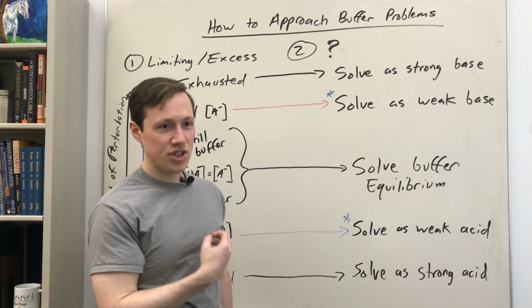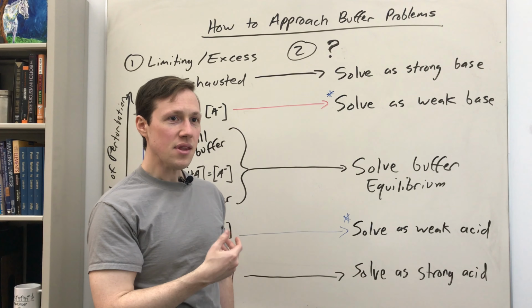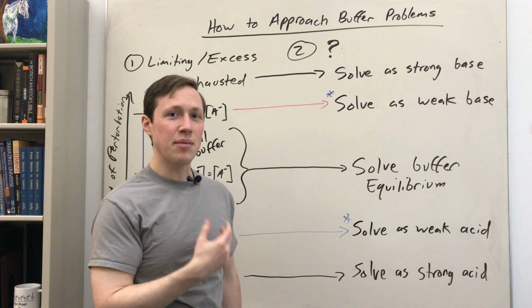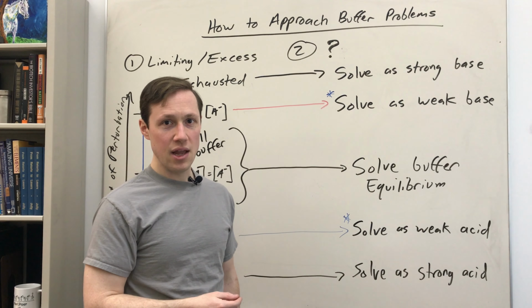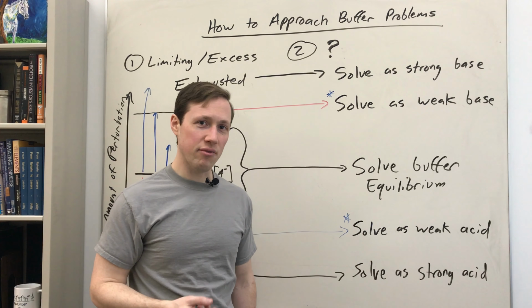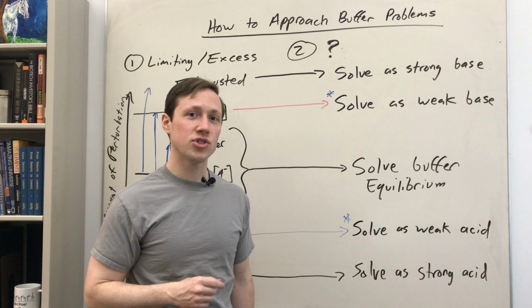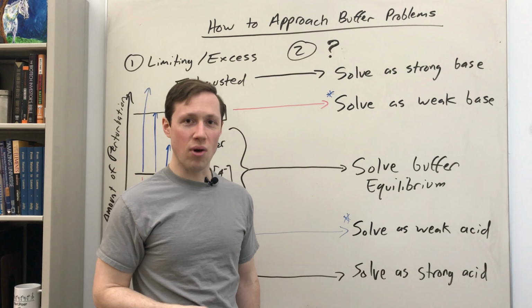However, the challenge that will occur then involves calculating simultaneous equilibria. Though that's certainly very doable, it's beyond the scope of what we're going to be covering here in general chemistry. That topic is discussed in much more detail in the course Quantitative Chemistry.